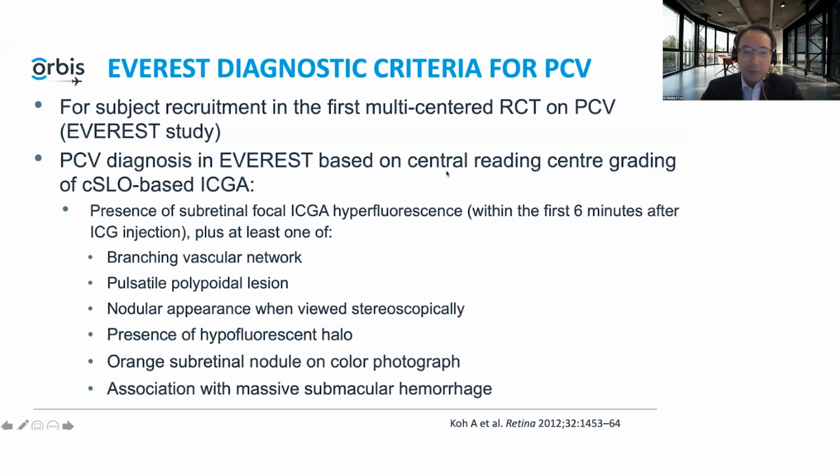You have to see the presence of subretinal focal ICG hyperfluorescence within the first 6 minutes of ICG injection, plus any one of the following: branching vascular network, pulsatile polypoidal lesion, nodular appearance when viewed stereoscopically, presence of a hypofluorescent halo, orange subretinal nodule on color photograph, and association with massive submacular hemorrhage. I'll go through these one by one later on.